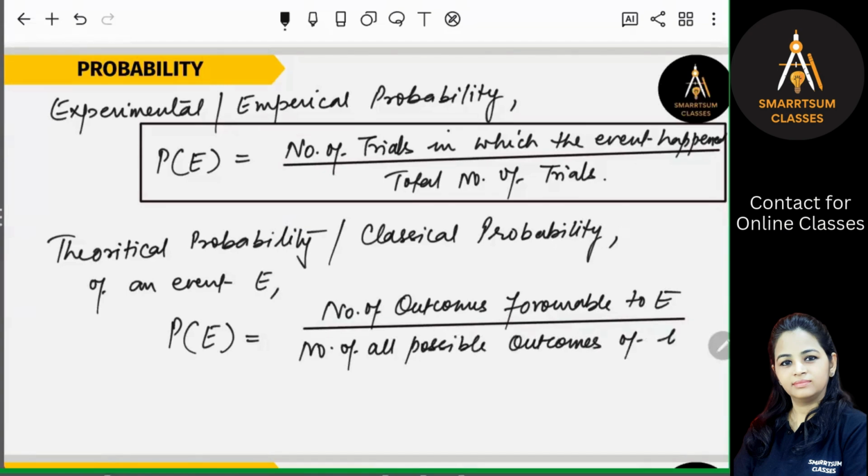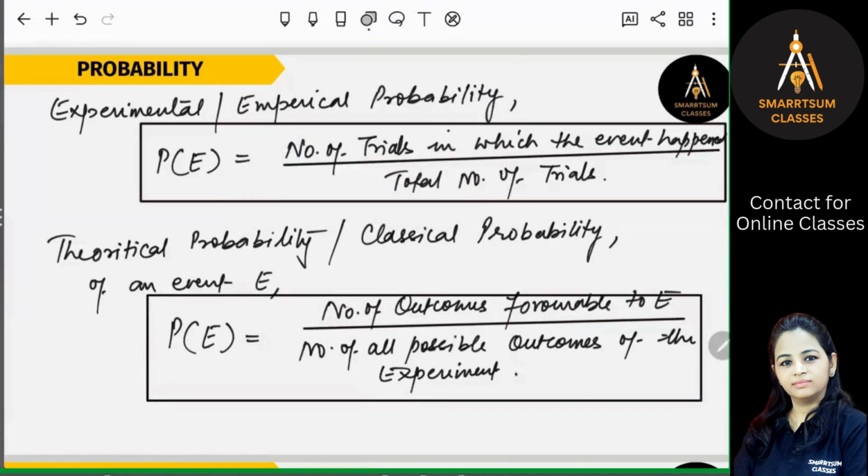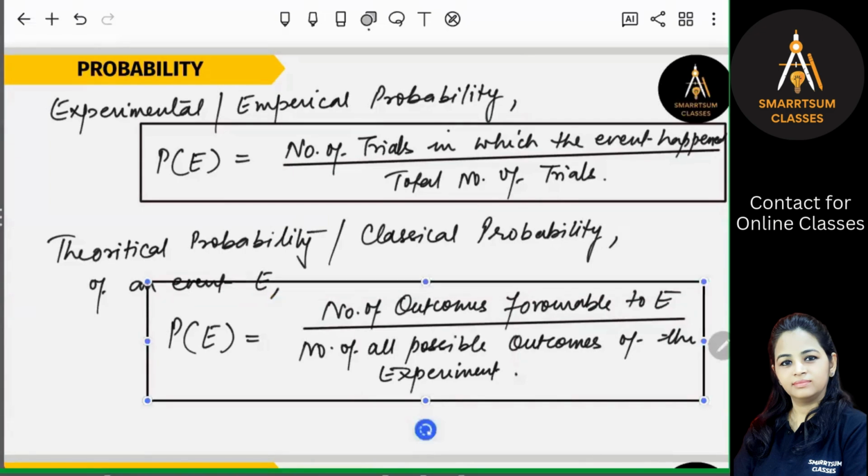This is how we can find the theoretical or classical probability of event E. Is it clear?